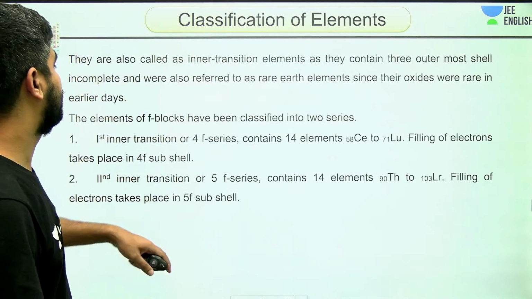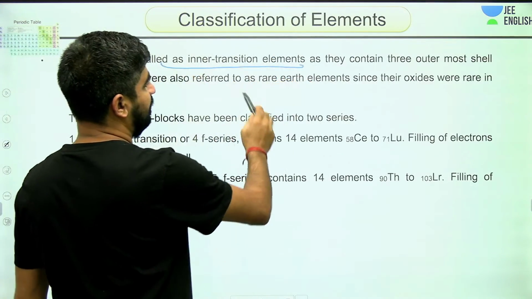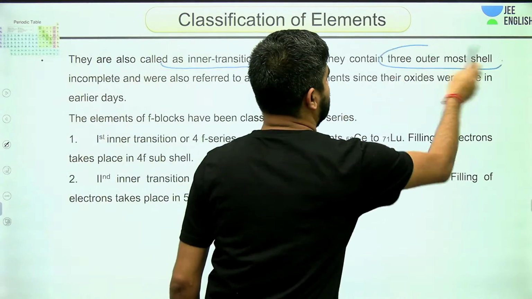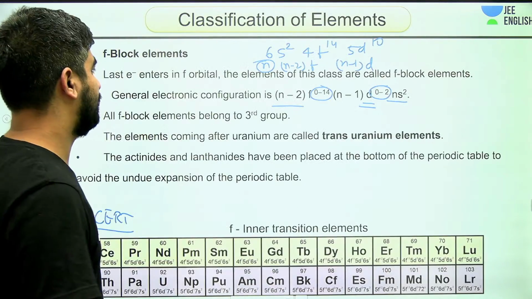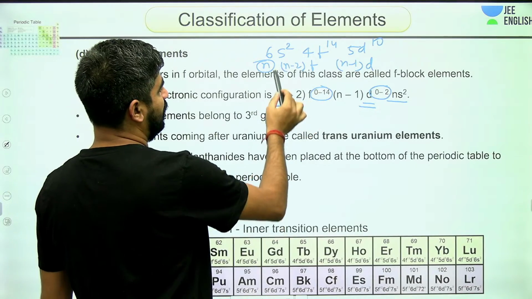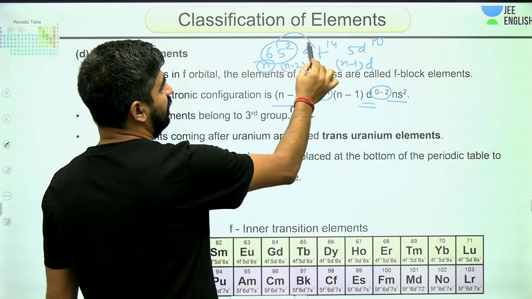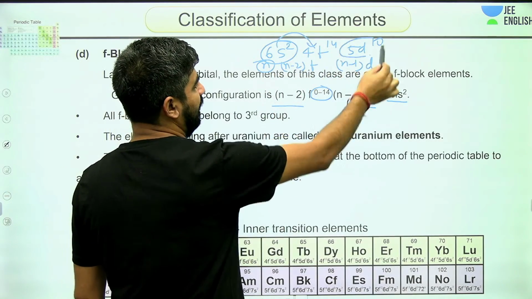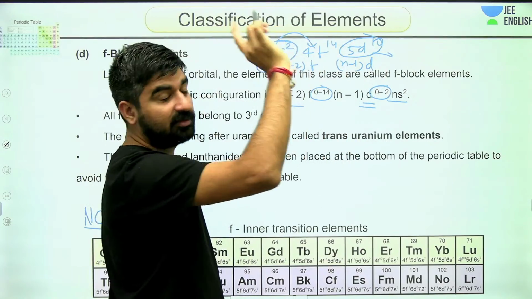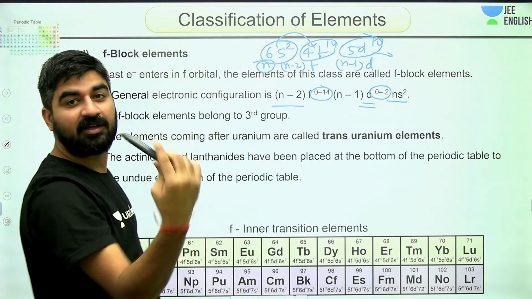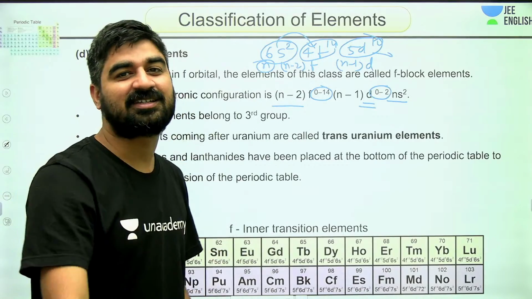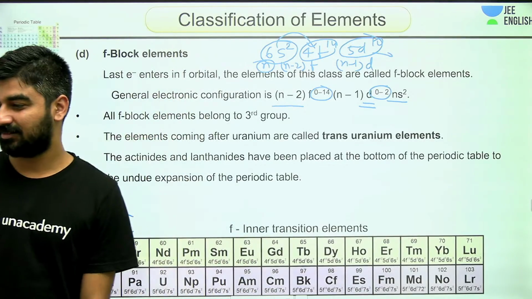So now they are also called inner transition elements as they contain 3 outermost shells. Why are they inner? Because this is the outermost, then comes the 5d. So these are called transition and they are below 5d. So we will call them inner transition elements. Got it, guys?